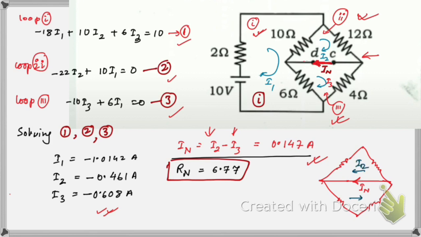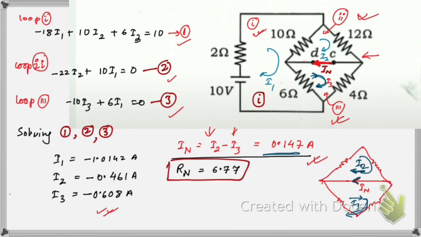This is I2, this is I3, right? Because I have taken it in this direction, and this one is in this direction, I have taken it like this. So the direction of I3 is this, right? So this I2 and I3 are in opposite directions. Therefore IN should be I2 minus I3. That is what we have got.